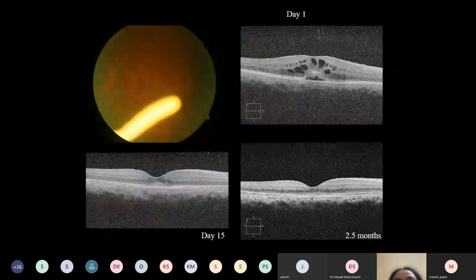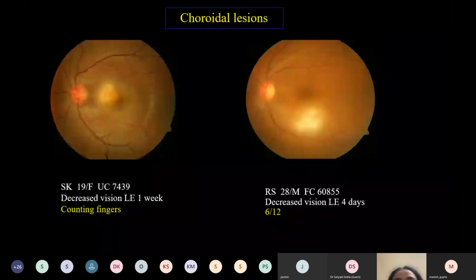This is another case where you just use OCT to monitor the response to therapy. Now, when we deal with OCT, it gives us very important information whether we are dealing with a choroidal lesion or a retinal lesion.